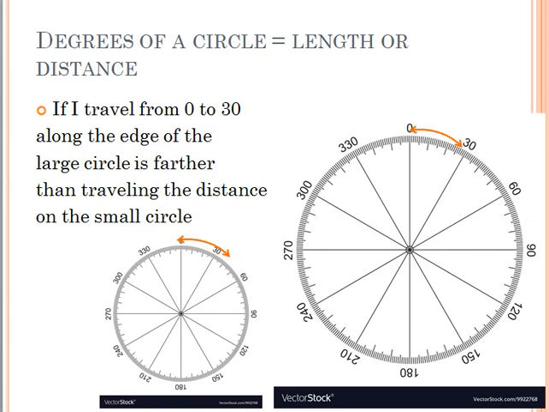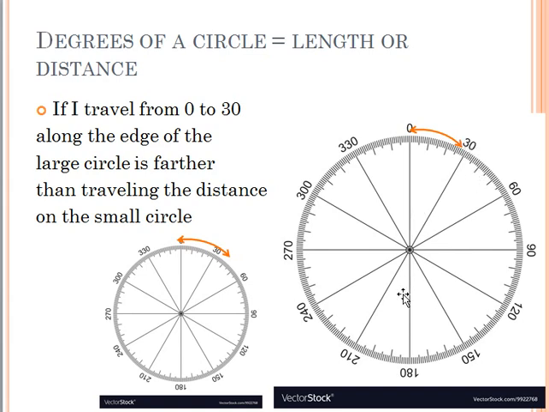So if I look at a circle, there's 360 degrees in a circle, meaning I can cut this into angles, and the distance between the zero, if I travel along the edge of this circle, to 30 degrees is a length of distance. So when we're talking about traveling so many degrees of latitude and longitude, we're actually talking about a distance traveled on the surface of the Earth.